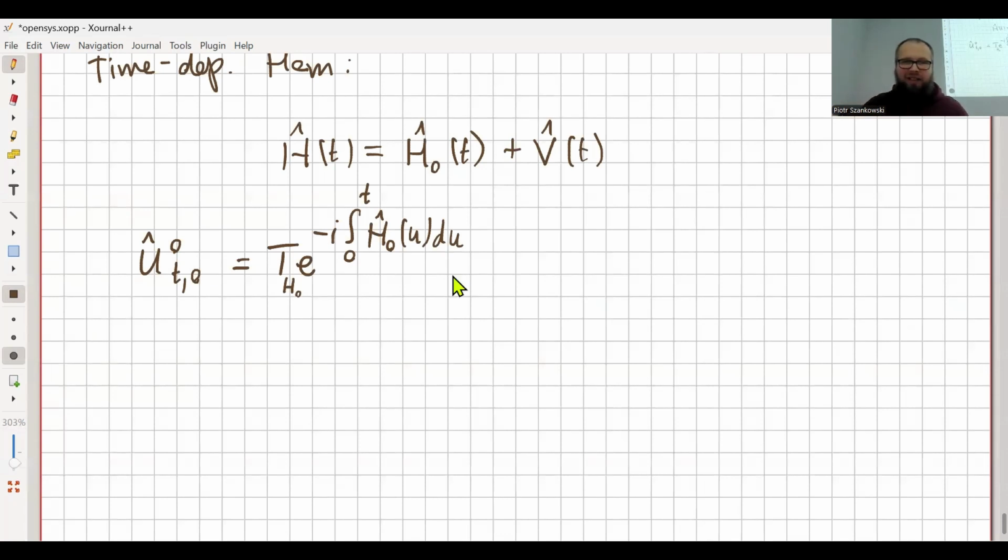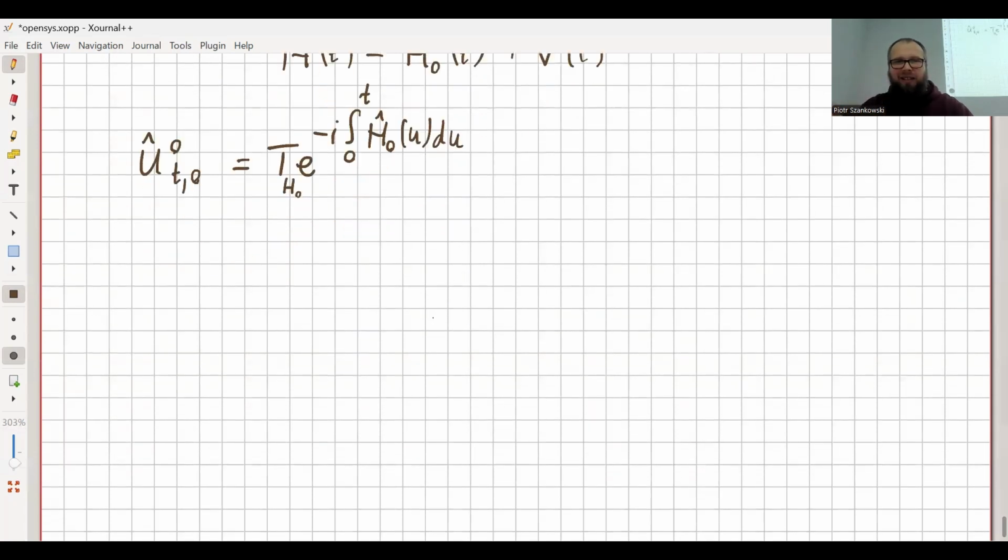Now the interaction picture. So again, we have V_I(t), interaction picture of V, which is defined in an analogous way as previously, U0 dagger V U0. But V now depends on time also, right?